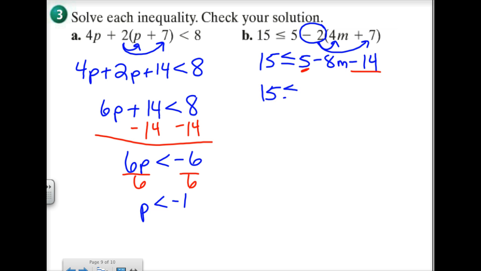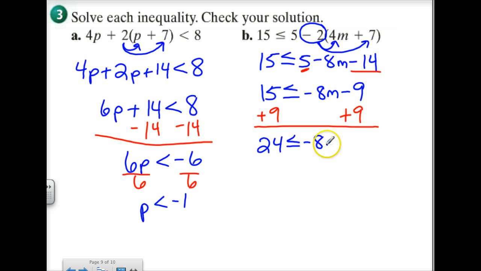So 15 is less than or equal to negative 8m minus 9. Now I'm at that two-step inequality, which means I'm going to add 9 to both sides. 24 is less than or equal to negative 8m. And I'm going to divide by negative 8. Again, dividing by that negative flips the sign. So keep those rules in mind as you are working towards solving these problems.